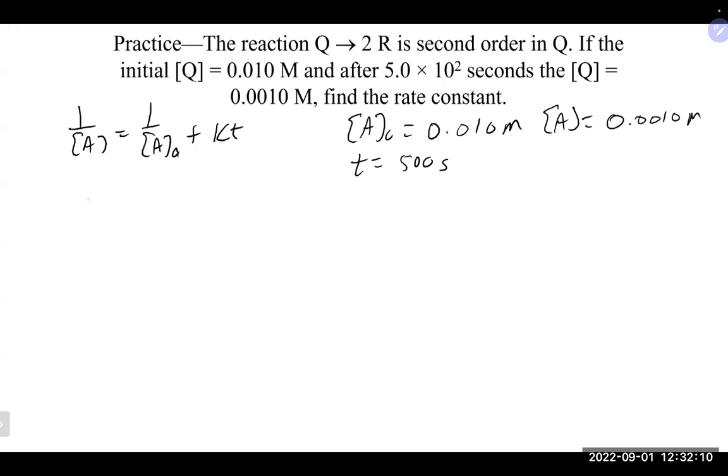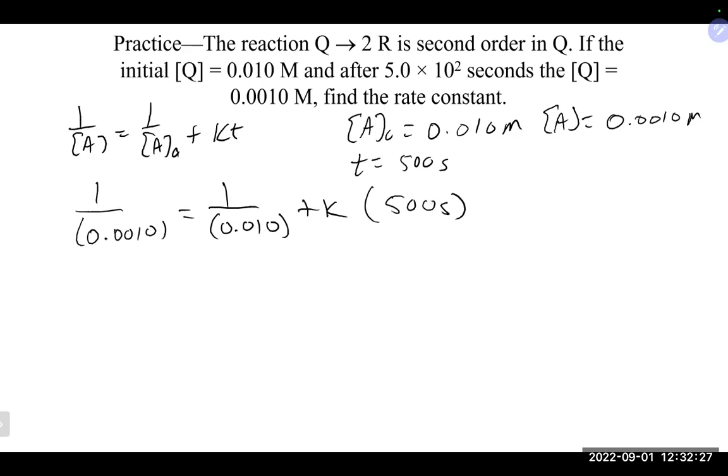So plugging this in would give us 1 over 0.001 is equal to 1 over 0.01 plus k, which is what we're looking for, and our 500 seconds. So once again, personally, I'm going to take 1 divided by 0.001, and then I'm going to subtract 1 divided by 0.01 to the other side.